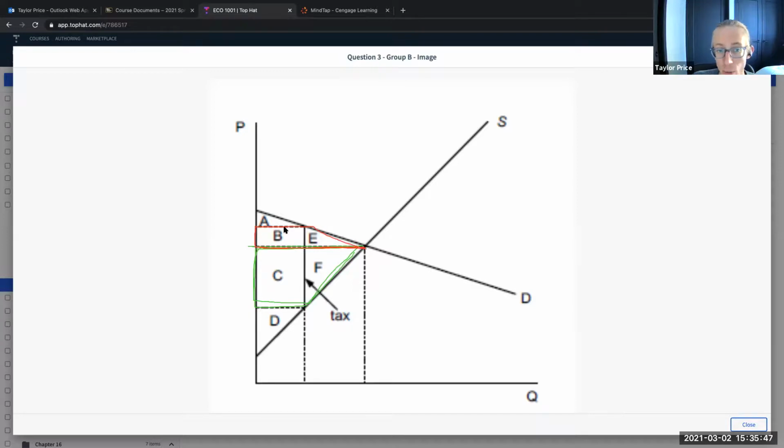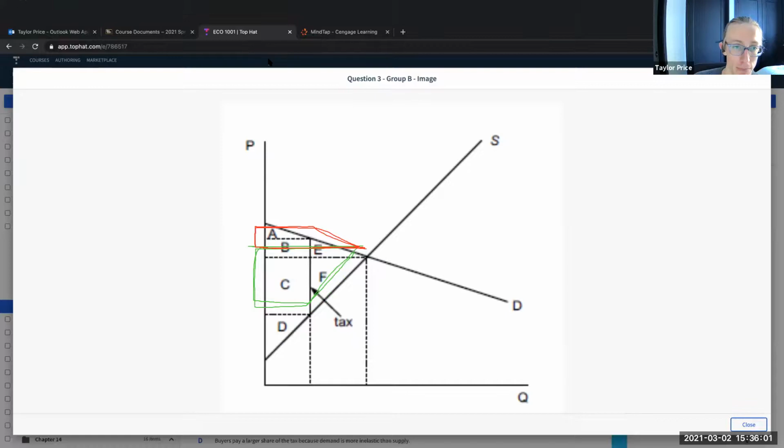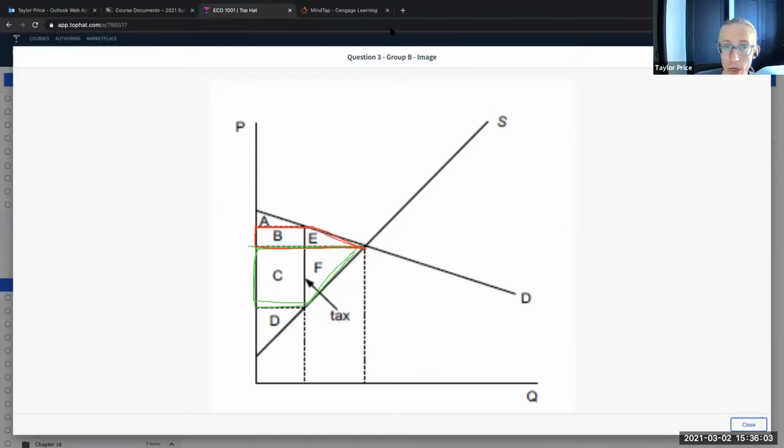So clearly in this case, consumers are paying less. That would help you narrow it down to just 2 of the answers rather than having to look through all 4. Does anyone have any questions on that before we move on?